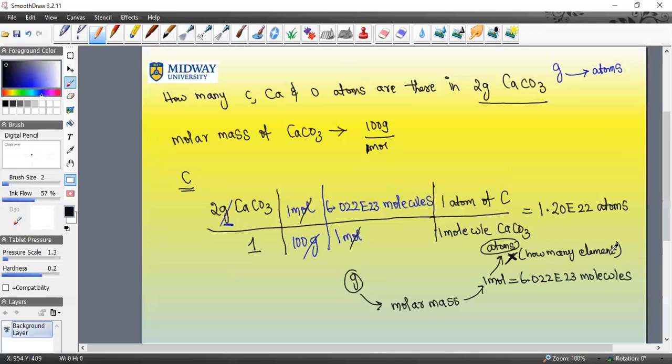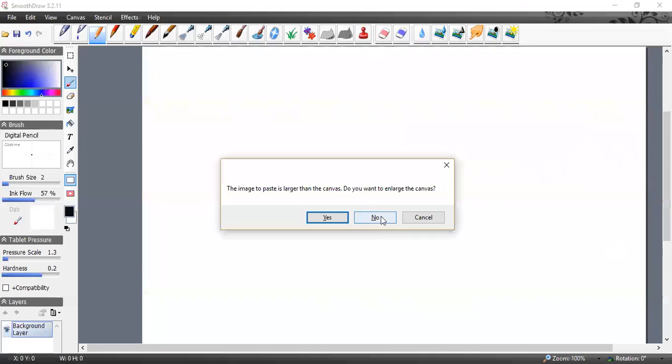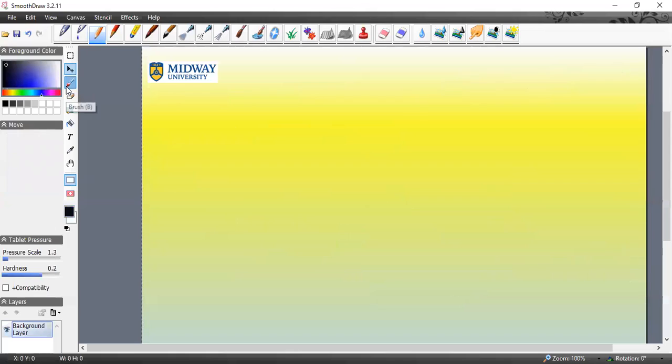So let's go ahead and do this now for oxygen. And we know the molecule we have is 2 grams of calcium carbonate.